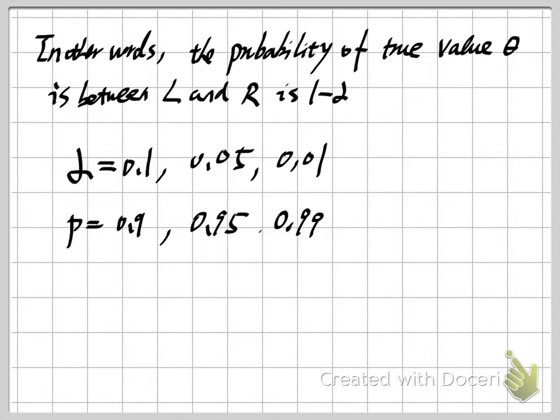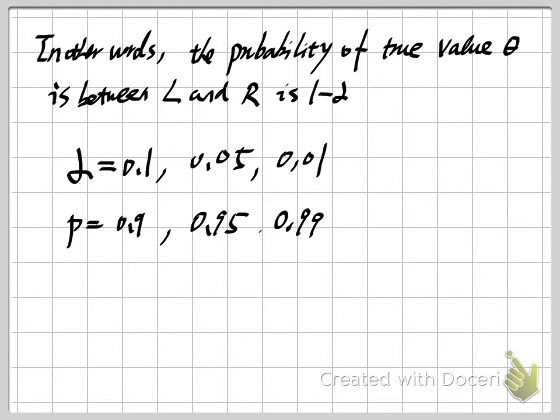This means that when alpha is smaller, there is a higher chance that the true value of the population parameter falls in our confidence interval. Okay, so these are some terminologies of statistical intervals, or confidence intervals.